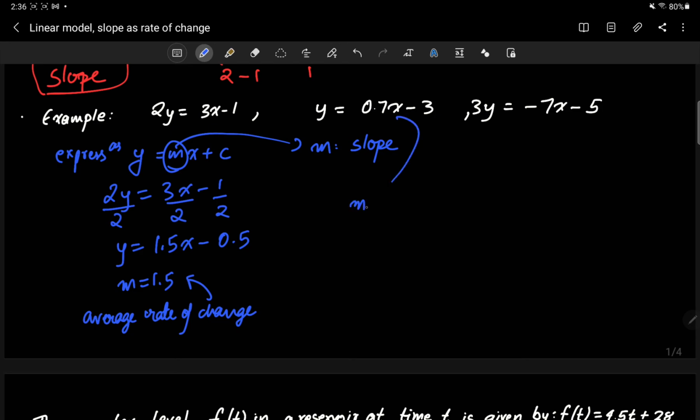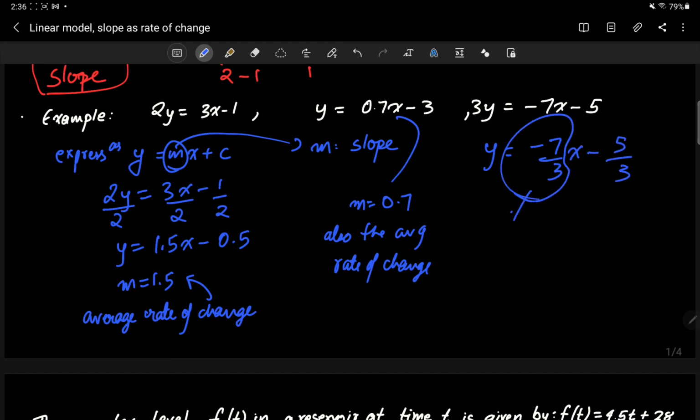This one, the slope is directly 0.7, which is also the average rate of change. And here it would be negative 7/3 x minus 5/3, so that is the average rate of change or slope.